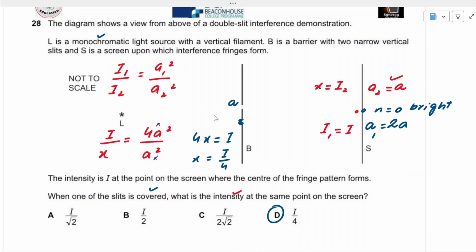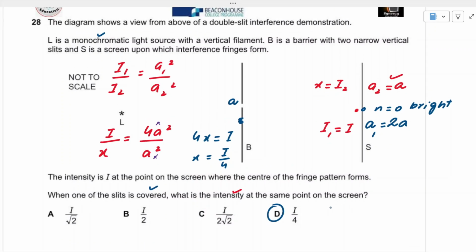Bottom line is, when you cover one of the slits in the two slit experiment, the amplitude is reduced to half, and the intensity is reduced to 1/4.